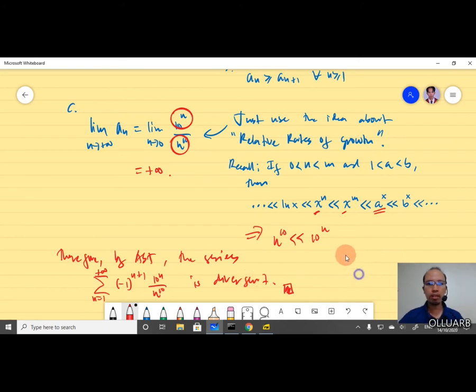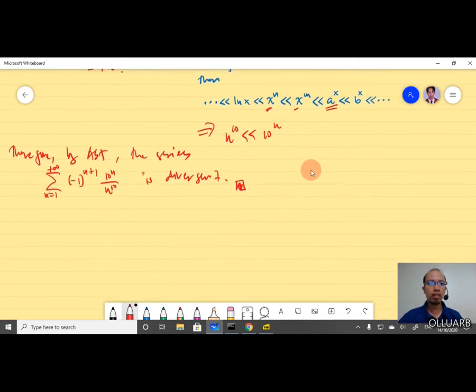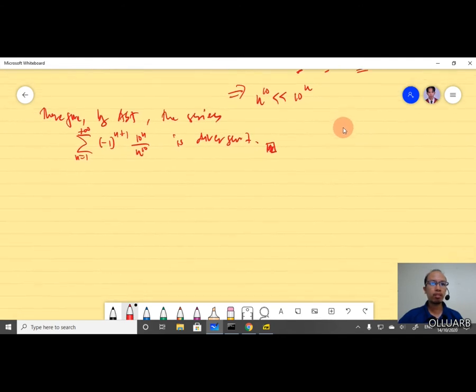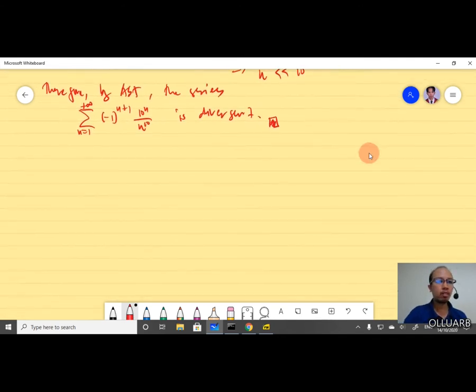Okay, for our third example, let's try this problem. Number 3, we have summation of -5 to the n, where n starts from 1 to positive infinity. This is again by alternating series test.